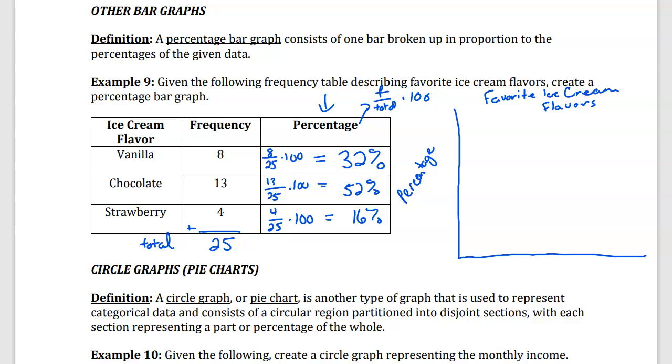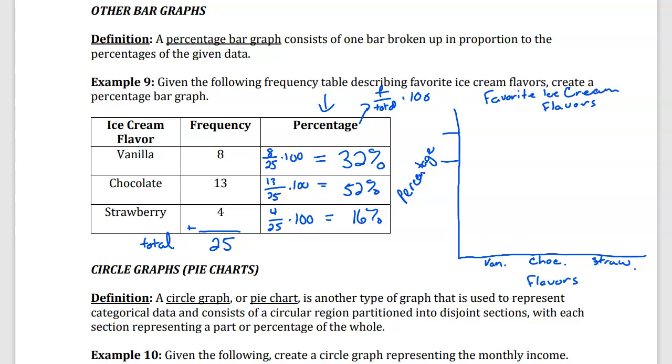And we'll have the flavors down here: vanilla, chocolate, and strawberry. And then our percentages. So I'm going to say 10, 20, 30, 40.